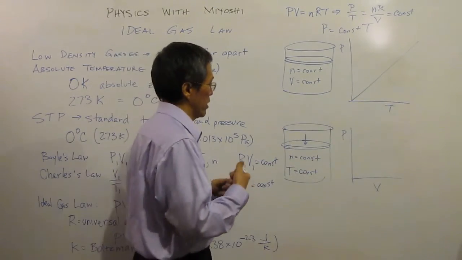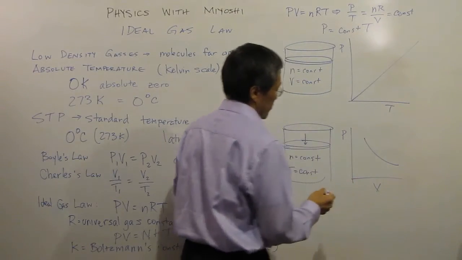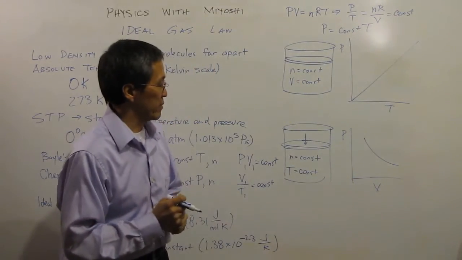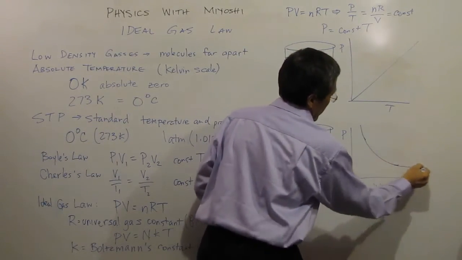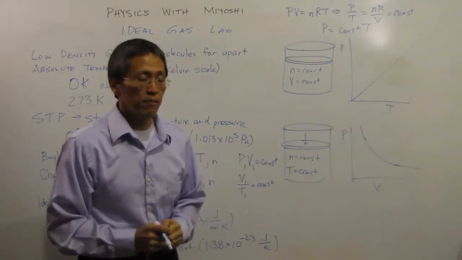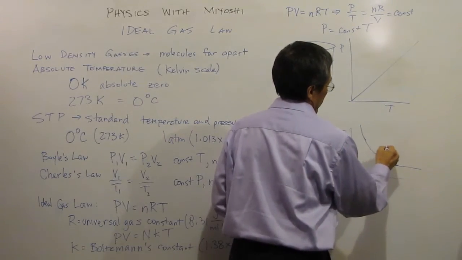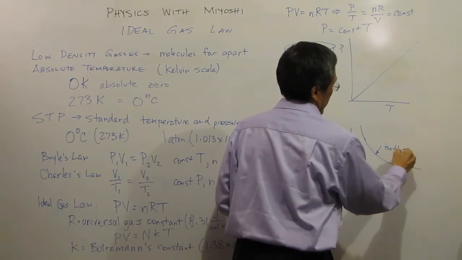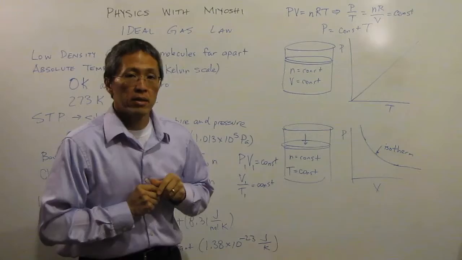And that would look something like this. This is what's called an isotherm: iso meaning one, therm meaning temperature.